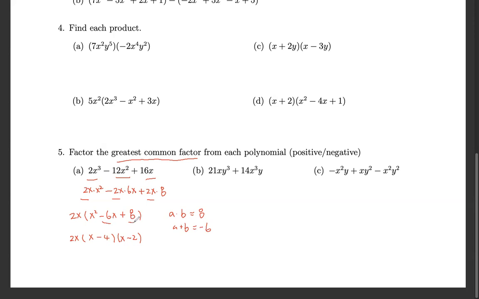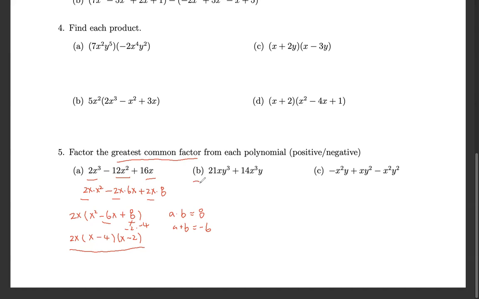That's negative 2 and negative 4, right? Because negative 2 times negative 4 is positive 8. Negative 2 plus negative 4 is negative 6. So this trinomial factored into 3 factors. This is a monomial factor, this is a binomial factor, this is a binomial factor.